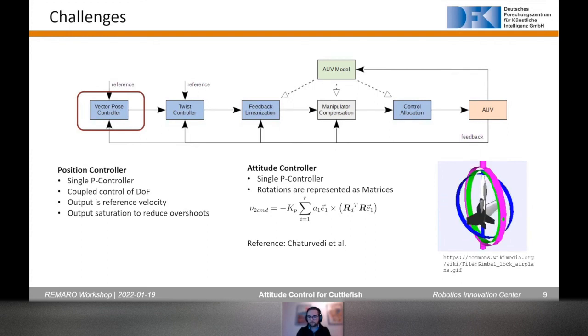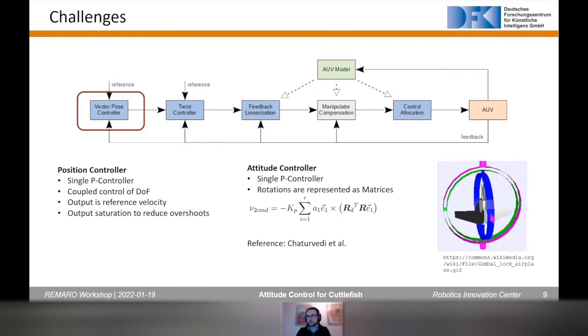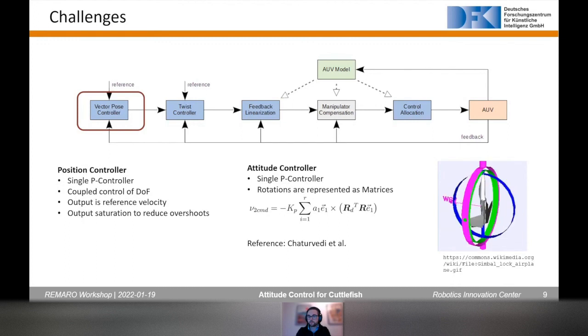Gimbal lock, what this means is represented by this little graphic here: if we turn a vehicle, in this case a plane, to a pitch angle of 90 degrees, then we lose 1 degree of freedom, one direction of motion that we can no longer achieve with Euler angles.